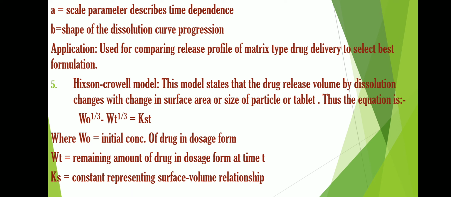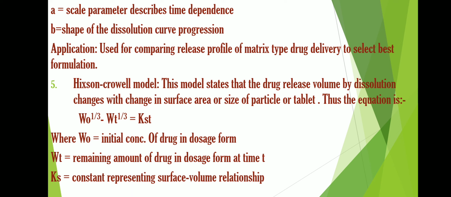Like if in a bell curve, for example, like a school bell, it means the drug is releasing from the starting point till a certain concentration, until 50% amount is released, it will release at a high rate.